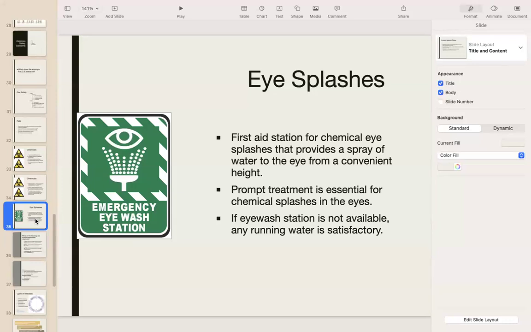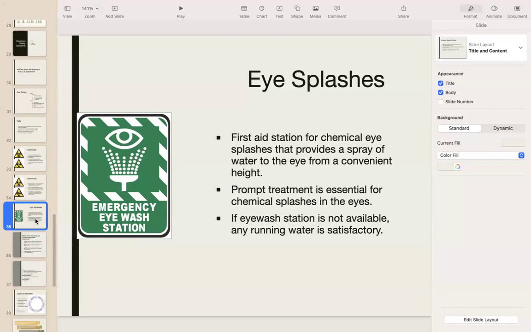One thing I will just kind of warn or caution you is that if you go use a sink with running water, make sure you don't turn on the hot water. Make sure it's cold water, because you don't want hot water flowing in your eyes.